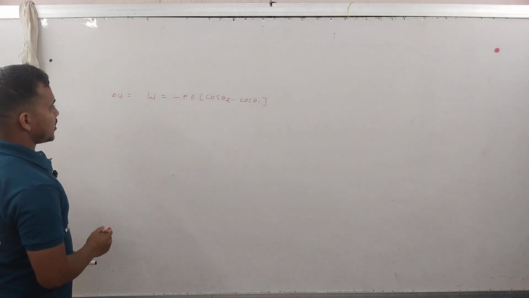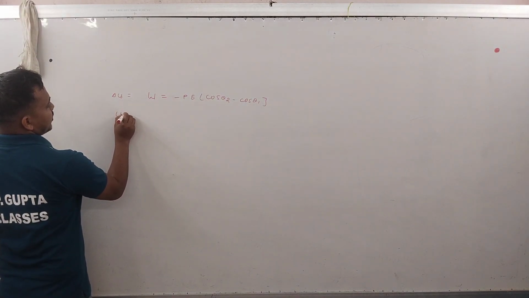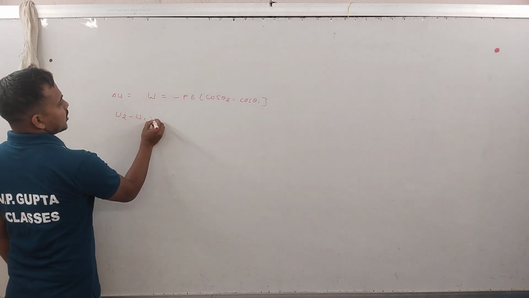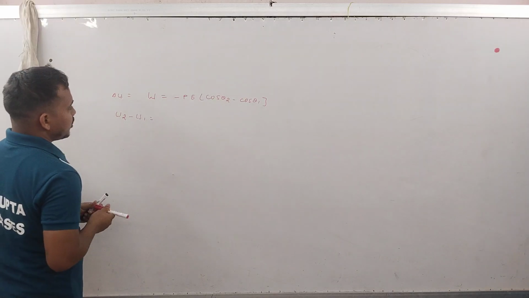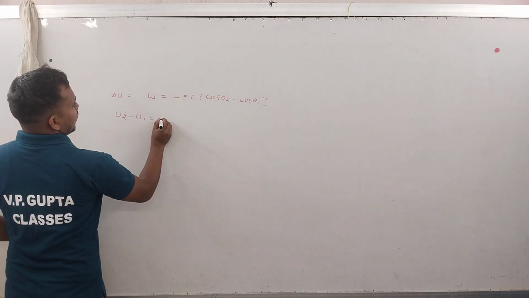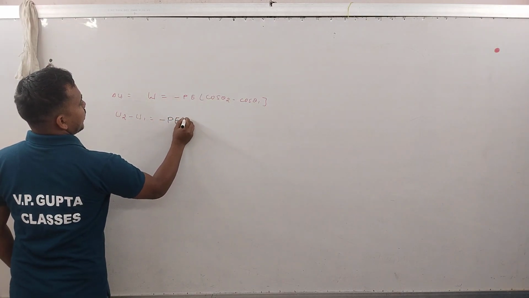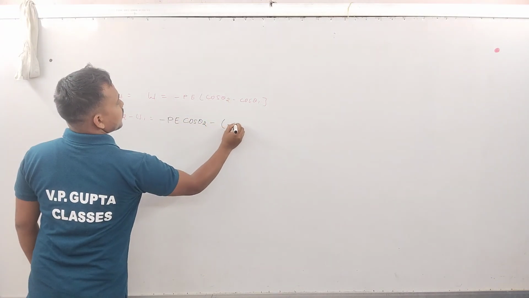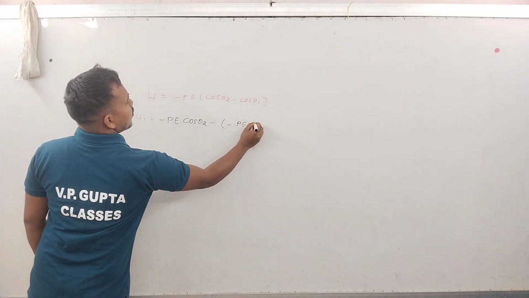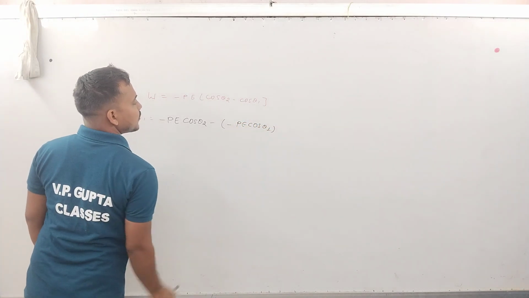The change in potential energy, that is U2 minus U1, is equal to minus PE cos theta 2 minus (minus PE cos theta 1).